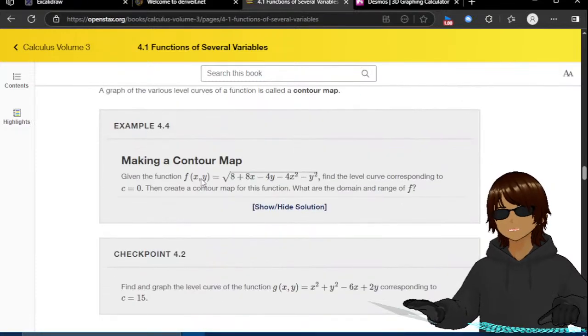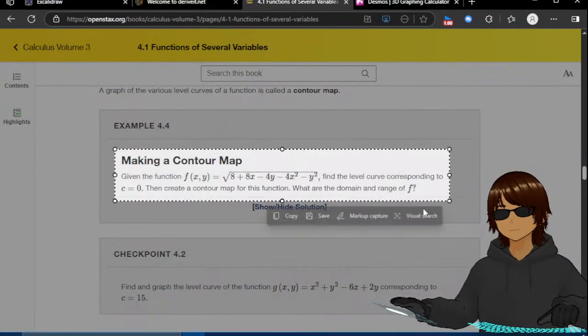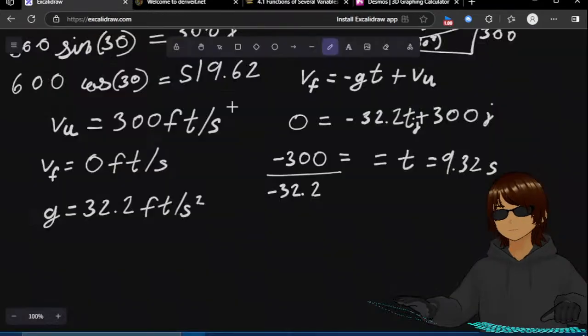Anyways, given the function of x and y, find the level curve corresponding to c equal to 0, then create a contour map for this function. What is the domain and range of f? Okay, let's copy. This is from last stream.